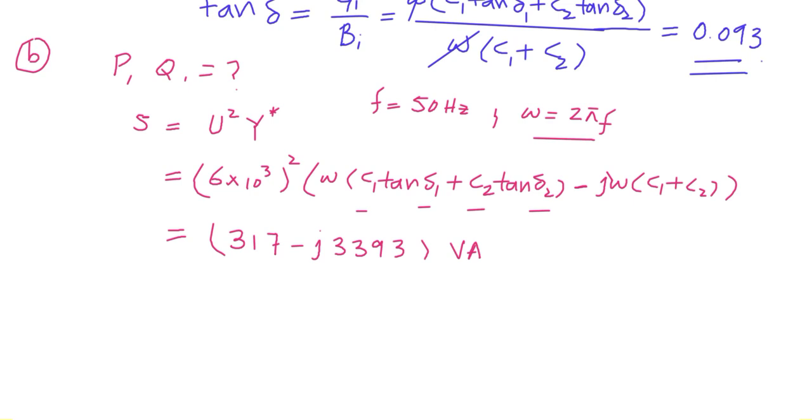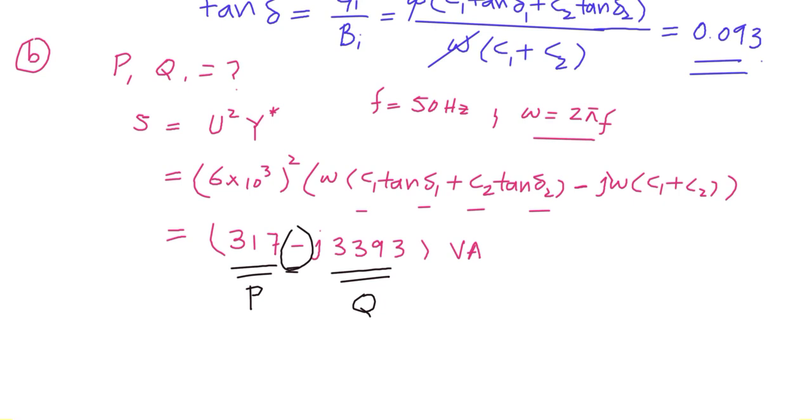The real part is P and the imaginary part is Q. And remember, we must have a negative sign in between. Why? Because here we don't have any inductive reactance. In dielectrics, we have the resistance or conductance and the capacitance. So we have capacitive reactance, and capacitive reactive power is always negative.